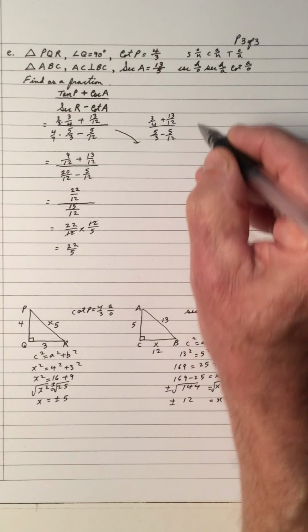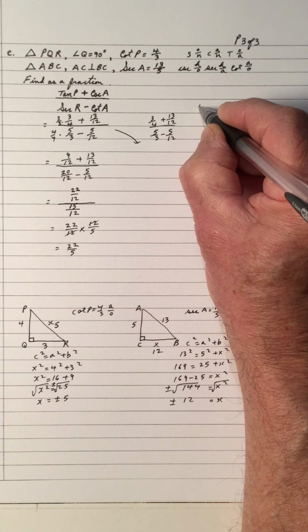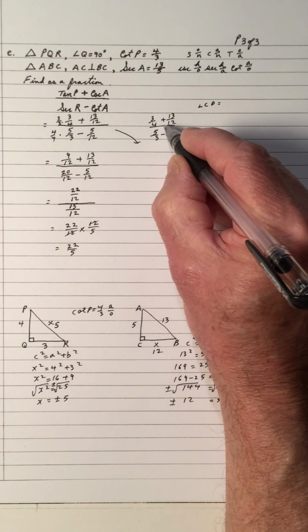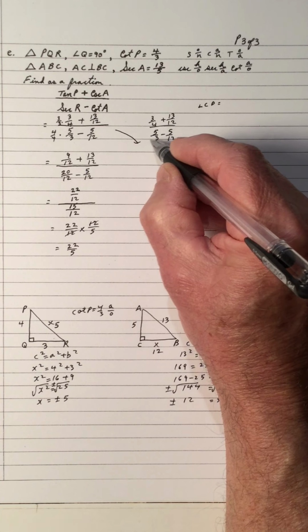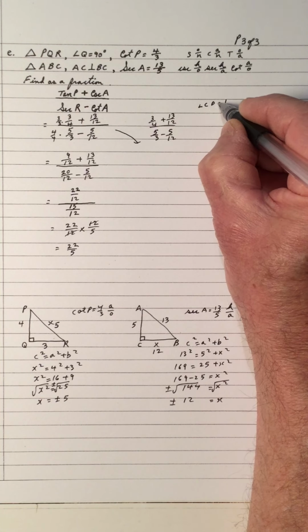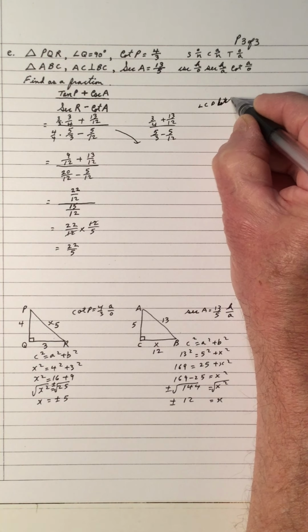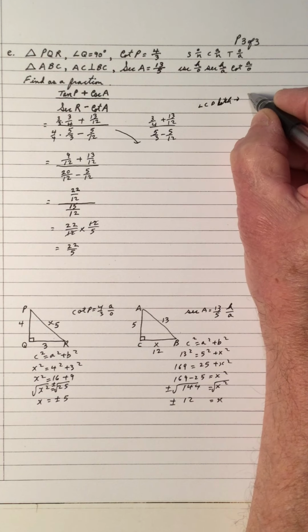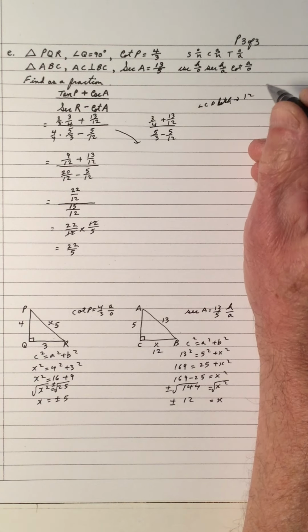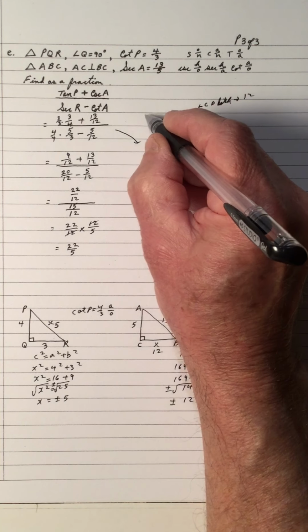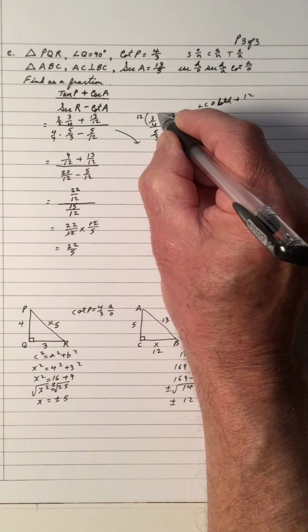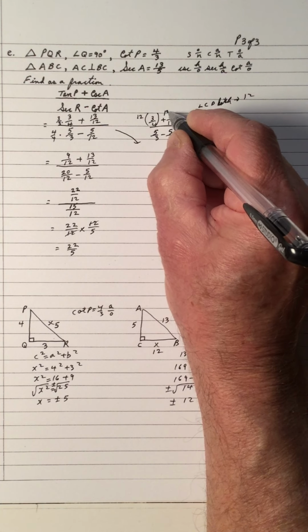Another way, the shortcut, is find the LCD for top and bottom. The LCD for the top is 12. The LCD for the bottom is 12. The LCD for both numerator and denominator is 12. So what we're going to do now is multiply the top and the bottom by 12.